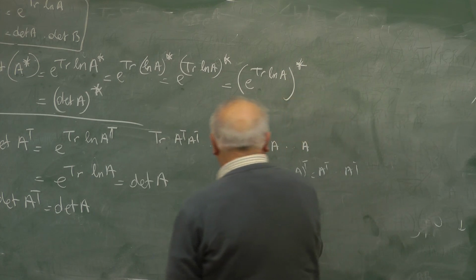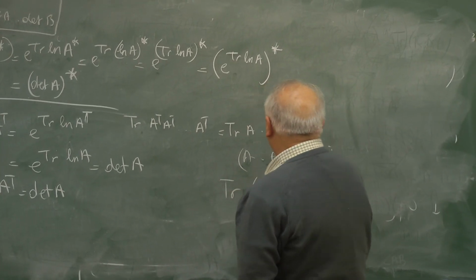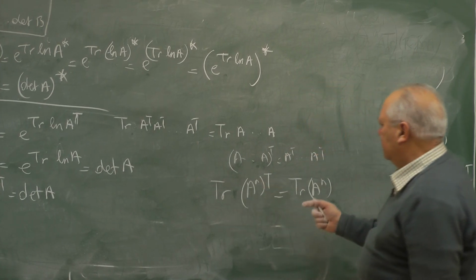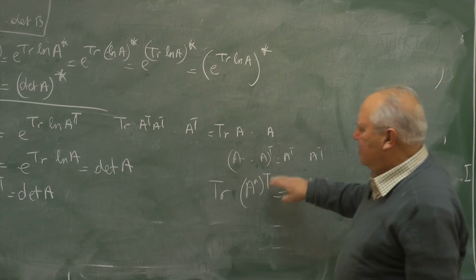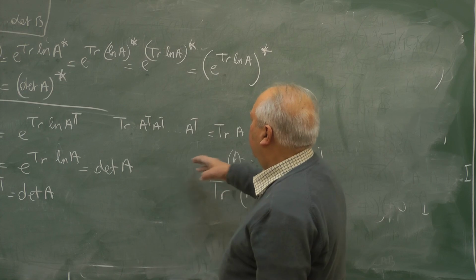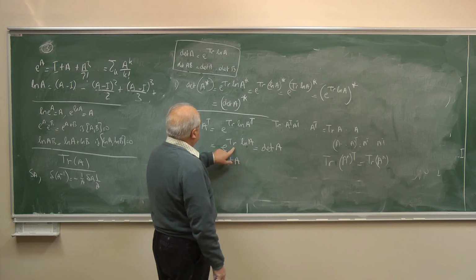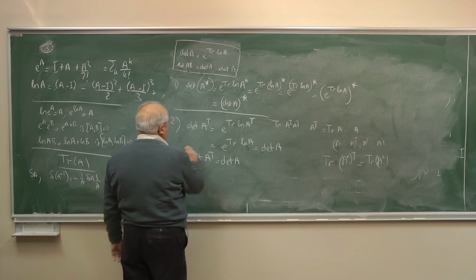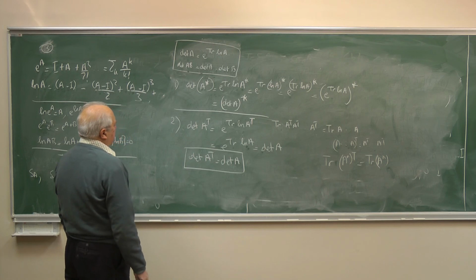We have seen when we studied the properties of the trace that a matrix and its transpose have the same trace. So we can write it like that, which is equal to determinant A. So that's the second. The transpose of a matrix has the same determinant as the original matrix.